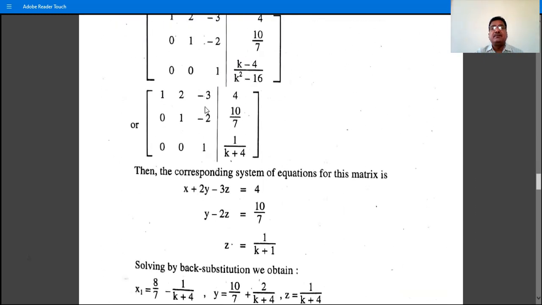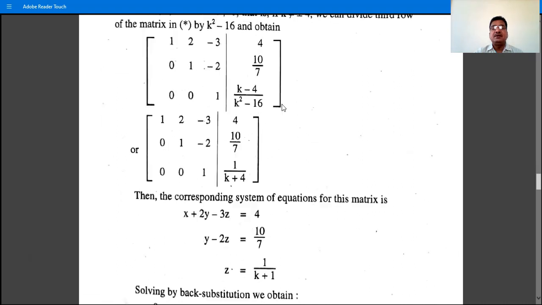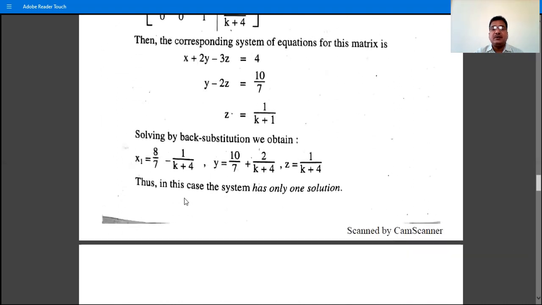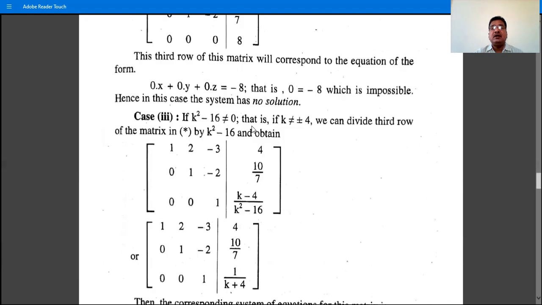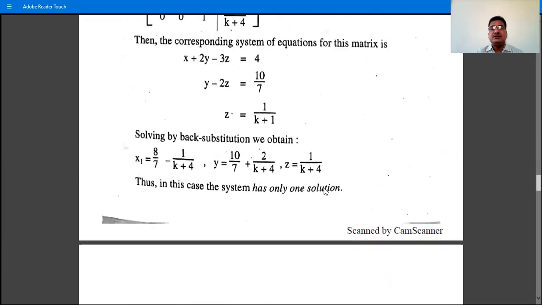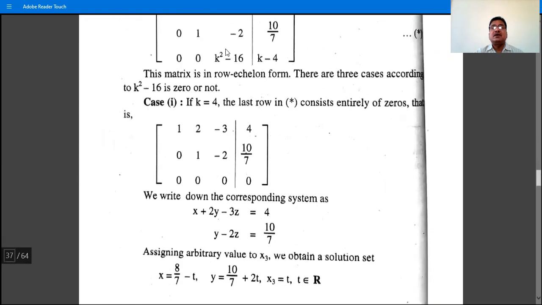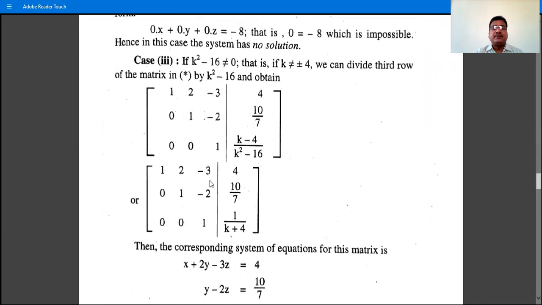Rewrite the equation, so we have x plus 2y minus 3z. In this case, rank of A is equal to rank of AB is equal to 3, which is equal to the number of variables.